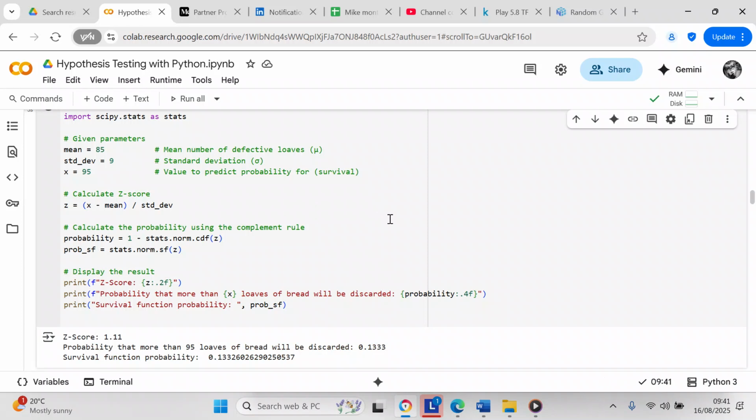So the survival function probability is 0.13326.